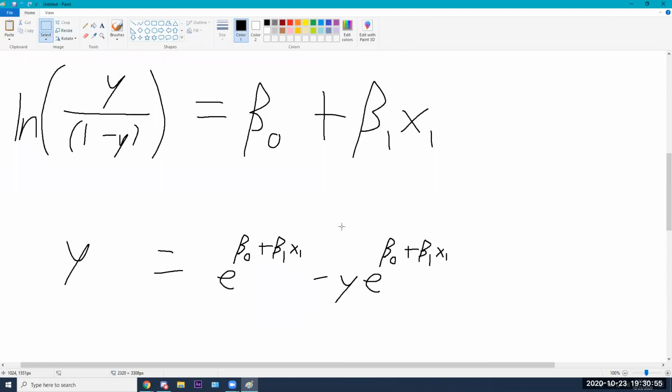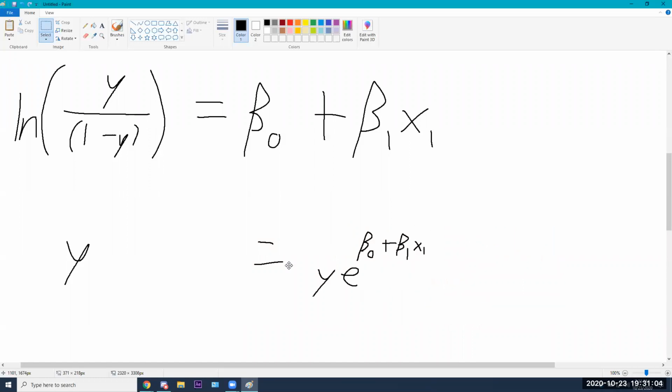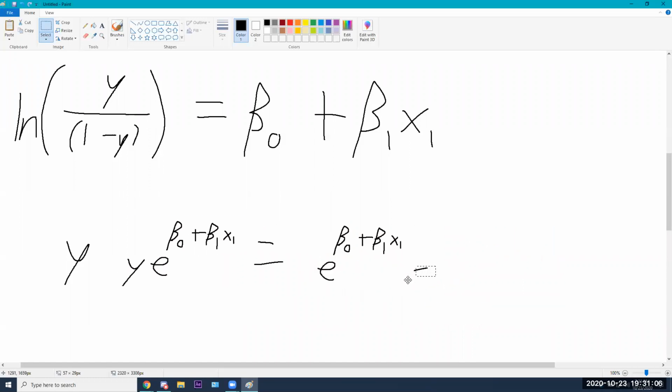After multiplying, you add y e to the beta naught plus beta 1 x1 to both sides, and you get this.